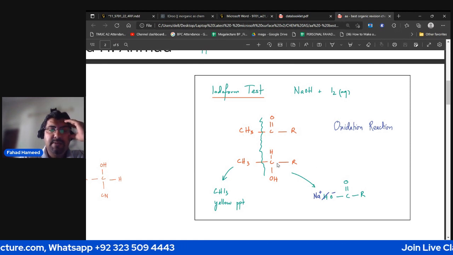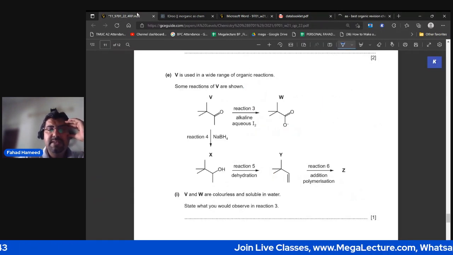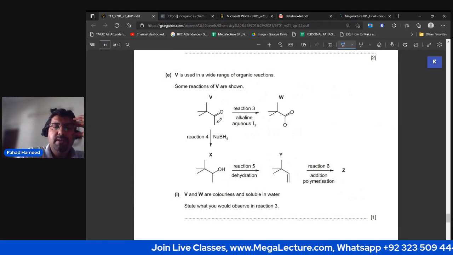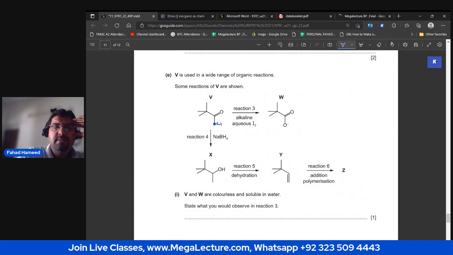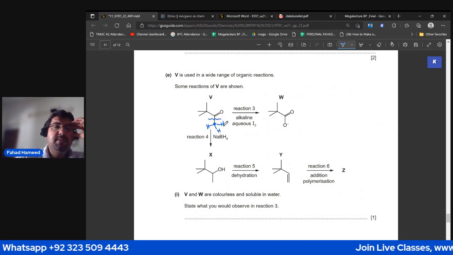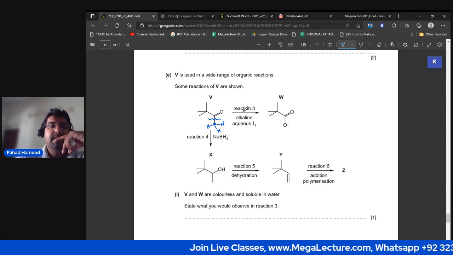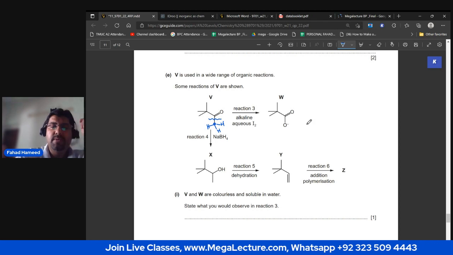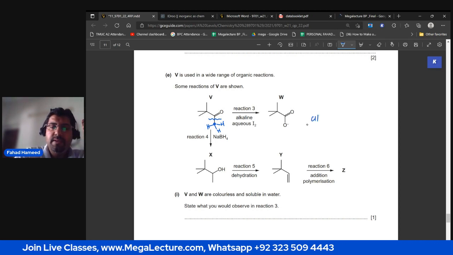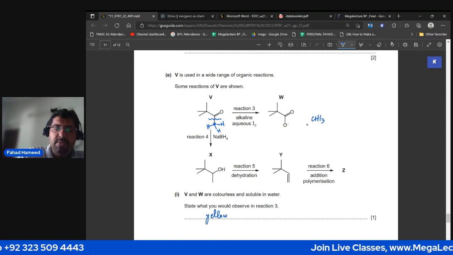The other carbon will turn into a salt of the carboxylic acid. So this is exactly what's happening. You had a CH3 over here, right next to a C=O, so it broke off and formed a CHI3 yellow precipitate. So we're going to write yellow precipitate.